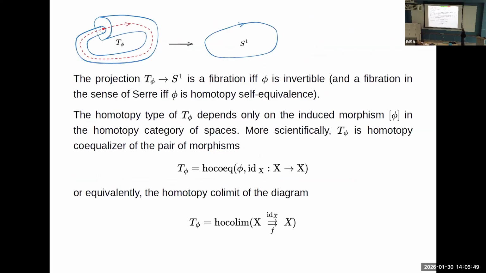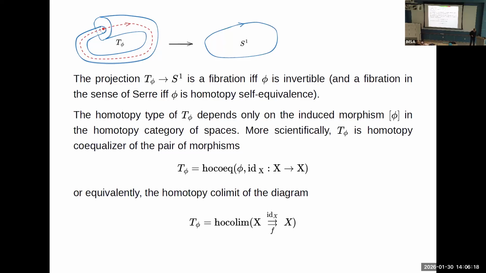So that's the picture. We take a not necessarily invertible map, say. You get some fixed points at the right point. You follow this trajectory, you get a closed loop. And the projection I told you about is a fibration if the map is invertible, a fibration in the topological sense, a locally trivial fibration. If it's not invertible, it's not a fibration, but it can still be a fibration in the sense of Serre if it's a homotopy self-equivalence.